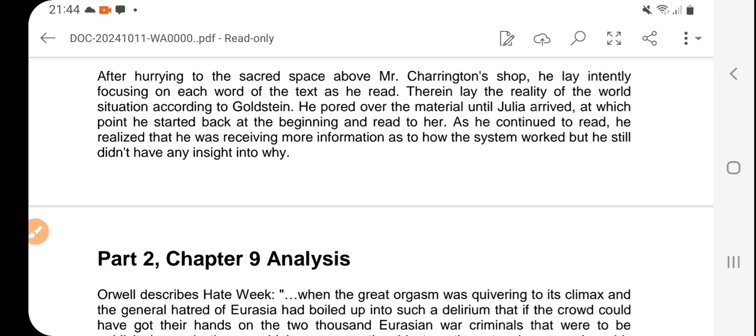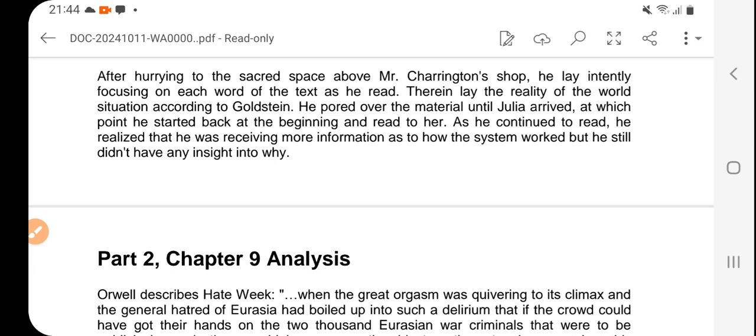So then he hurries and they meet in Mr. Charrington's shop, and then he lay intently focusing on each word, and he reads Goldstein's book very carefully. Therein lay the reality of the whole situation according to Goldstein, and then everything is modified, distorted.